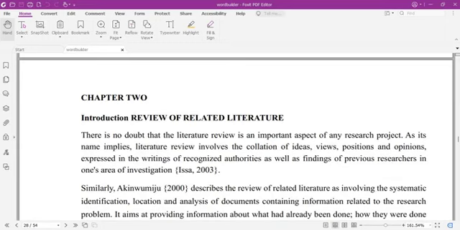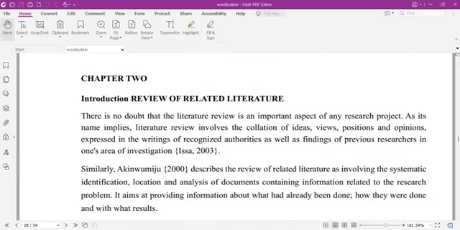There is no doubt that the literature review is an important aspect of any research project. Because literature review actually tells you so much about what you're going to work on.